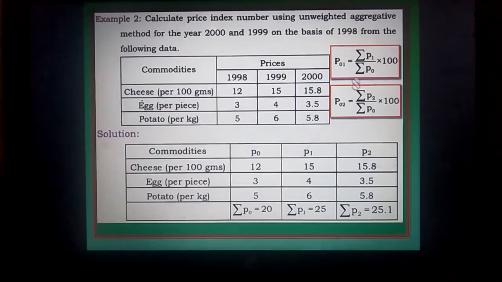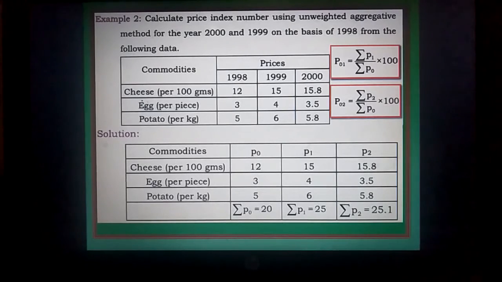Here, the formula you can observe. Look at the cursor. We know already the unweighted or simple aggregative method formula is nothing but P01 is equal to sum of P1 divided by sum of P0 multiplied by 100. Using the same formula we calculated the previous problem also. There it was given as simple aggregative method, but here it has been mentioned as unweighted aggregative method.